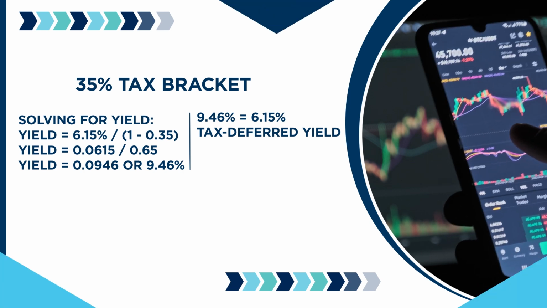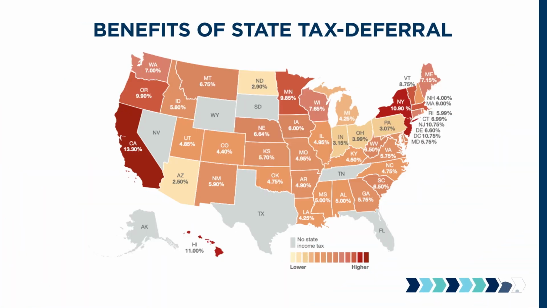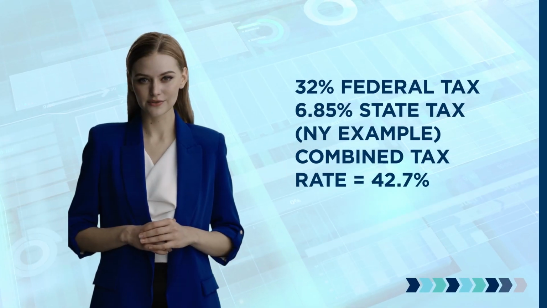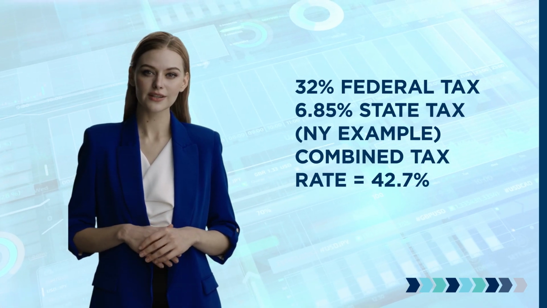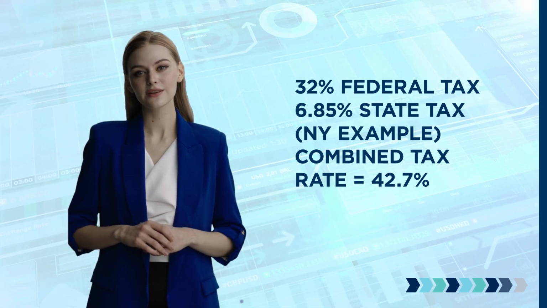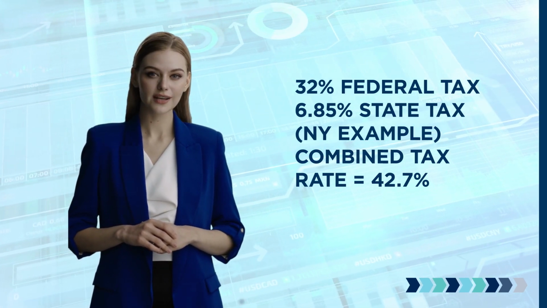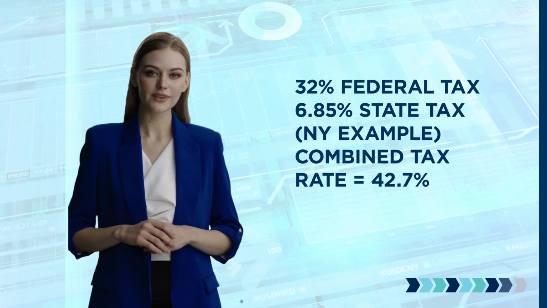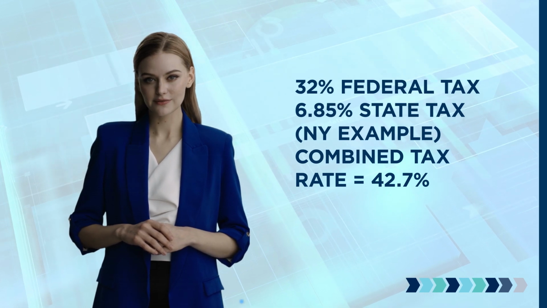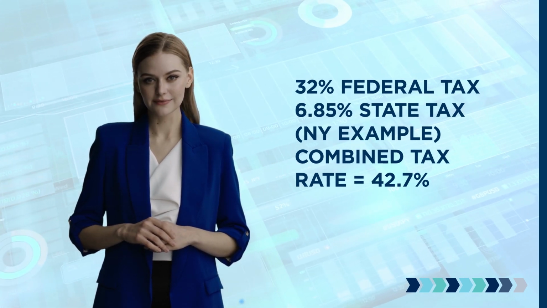tax-deferred yield. Since annuities are both federal and state income tax deferred, a client can combine both income tax rates to determine their overall tax equivalent yield. For instance, if a client is in the 32.0% federal income tax bracket and lives in New York City, the combined income tax rate would be 42.7%, using the New York State income tax rate of 6.85% and the New York City income tax rate of 3.876%.